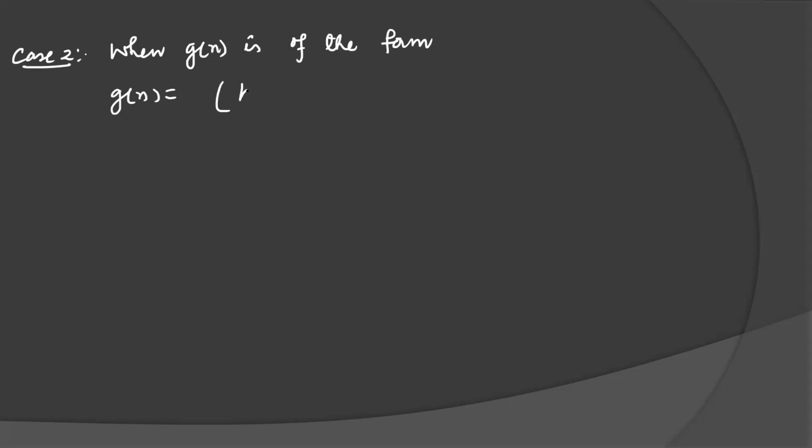Let's see case 2. When Gn is of the form of a polynomial into some value also, K1 n plus K2 n square plus Km n to the power m, into a to the power n.